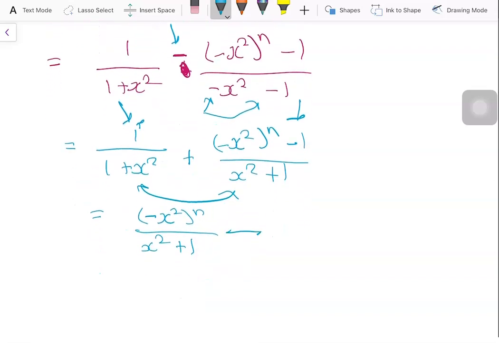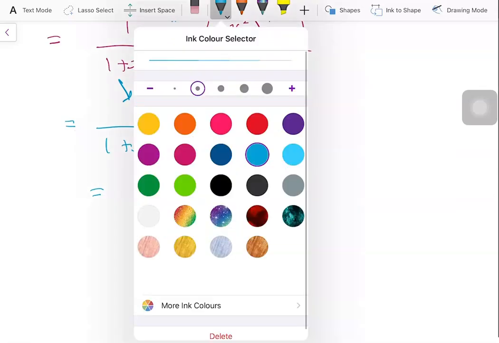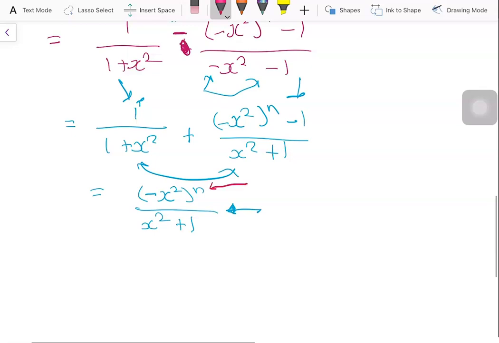Okay, so now we'll have a look at the absolute value of this expression. And the reason is when n is an even number, we have an even power of negative x squared, and this is going to be at least 0. But when n is an odd number, negative x squared is going to be at most 0, and a number at most 0 to the power of an odd number is going to be at most 0.